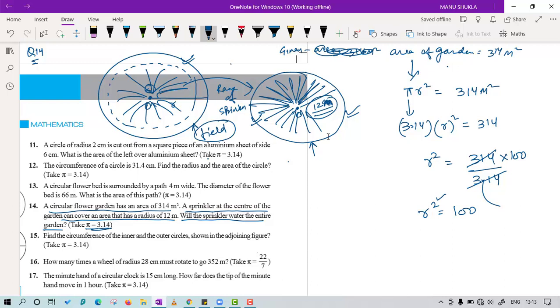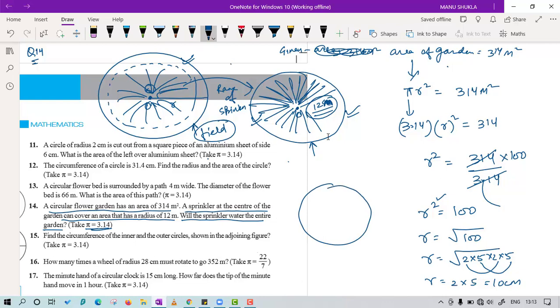Because r square is 100, we can say r is equal to under root 100, and we all know 100 can be written as 2 into 5 into 2 into 5 by prime factorization. So we have two 2's and two 5's. So one 2 will come out, one 5 will come out. The radius is 10 meter. That means the garden is small.